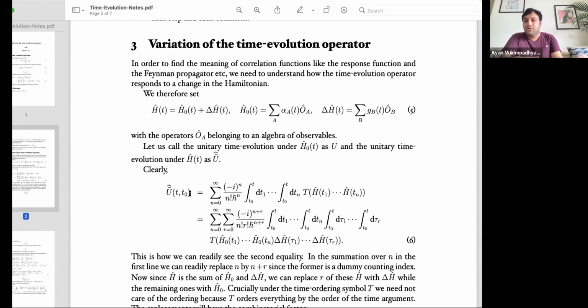But time evolution with a very complicated Hamiltonian is difficult. So what we want to do is to rewrite the time evolution in terms of one Hamiltonian as time evolution in terms of another Hamiltonian.